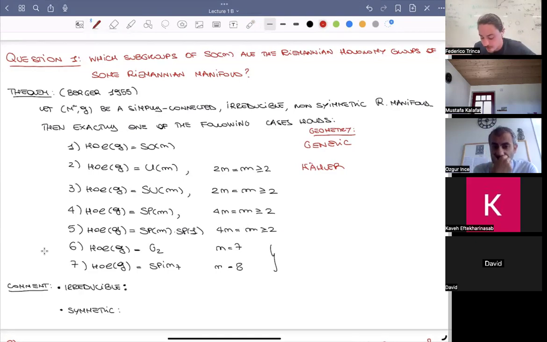Then I also have SU(m), which corresponds to the Calabi-Yau case. And if I have holonomy Sp(m), then I am hyperkähler. And if I have holonomy equal to Sp(m) times Sp(1), it is usually called quaternion Kähler.